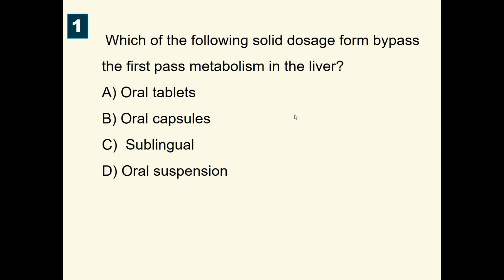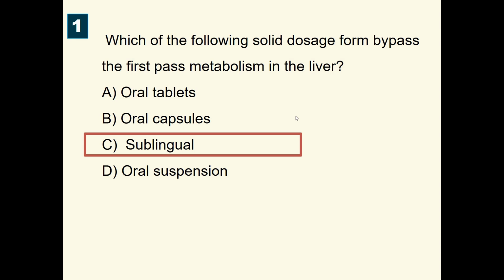B. Oral capsules. C. Sublinguals. And D. Oral suspension. The correct answer is sublingual. Sublingual tablets bypass the first pass metabolism in the liver and are also known to have a faster systemic effect.